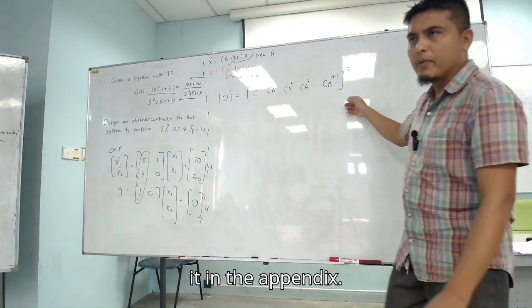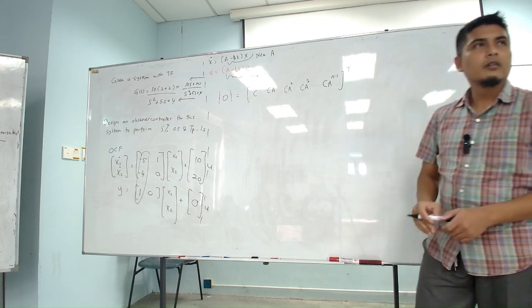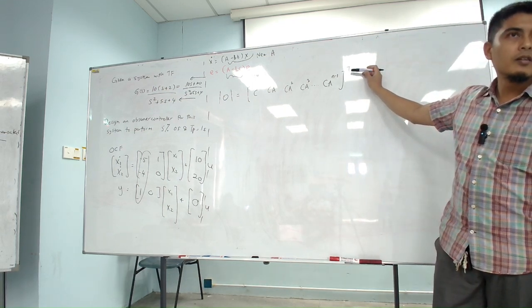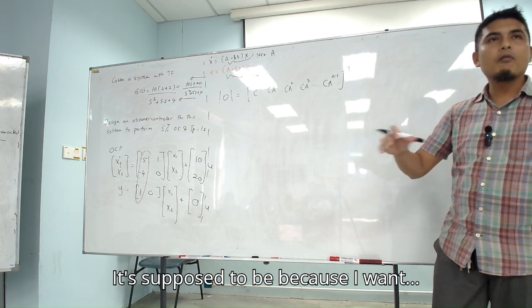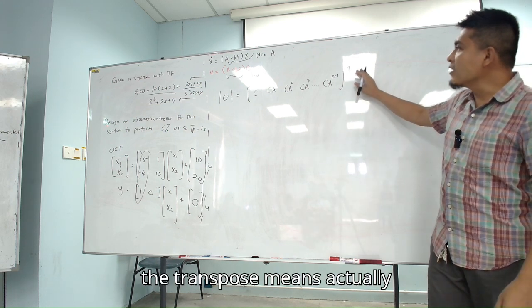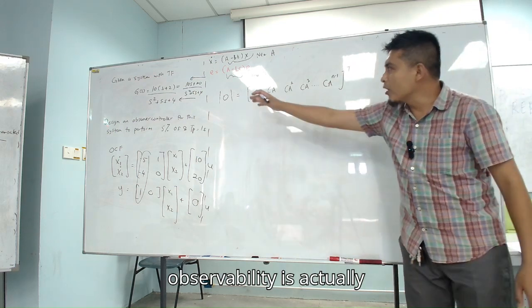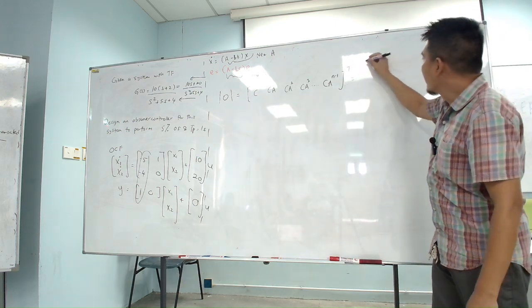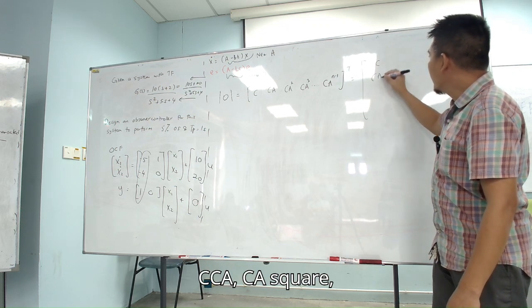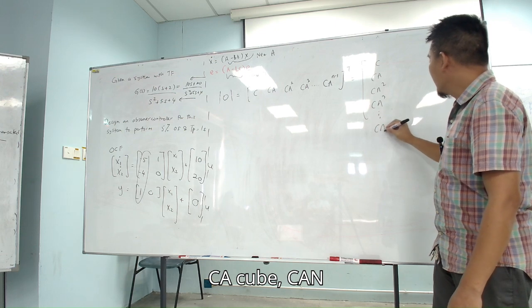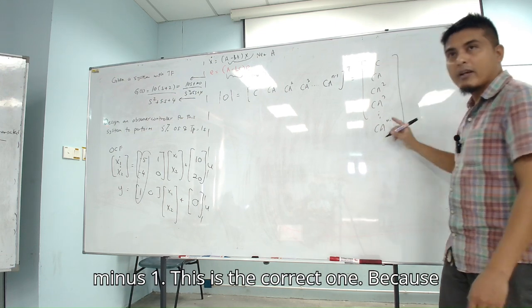What is the meaning of this one? The transpose means the real form of the observability is actually C, CA, CA square, CA cube, up to CA to the n minus 1. This is the correct one.